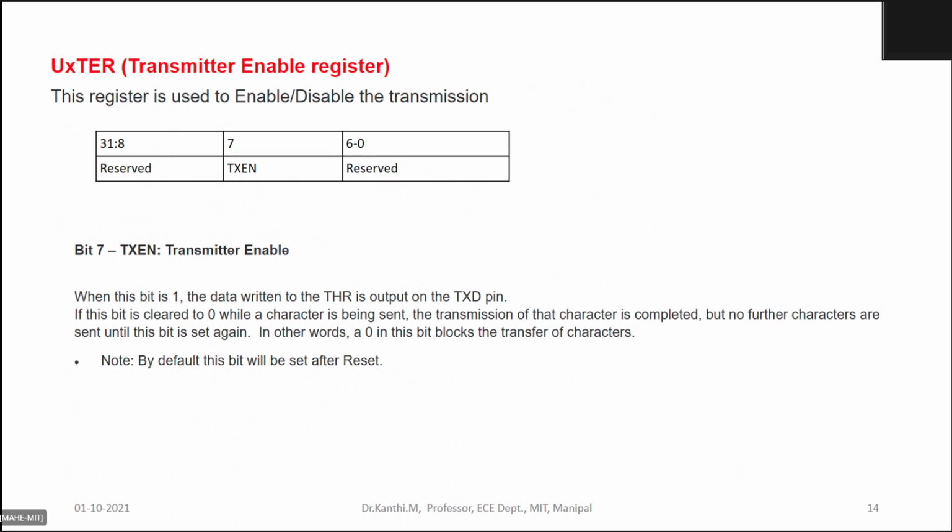Then the transmitter enable register. You have bit 7 of this. Okay. So when this bit is set, the data written to the transmit hold register is buffered through the TXD pin.